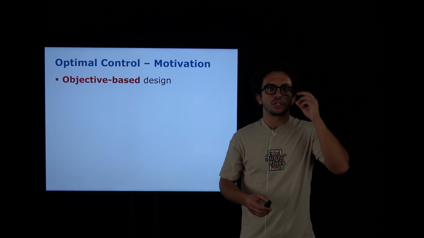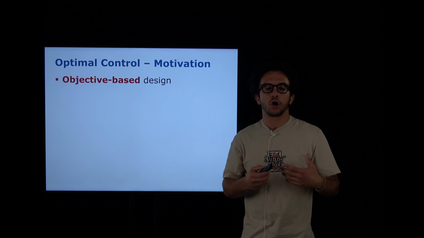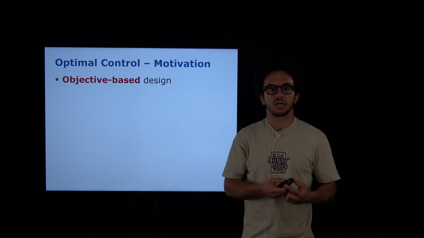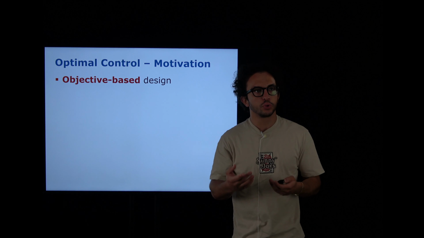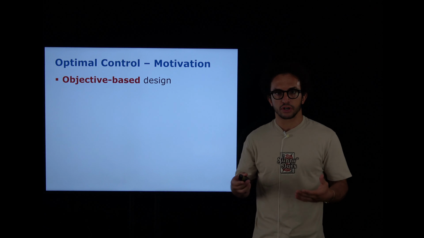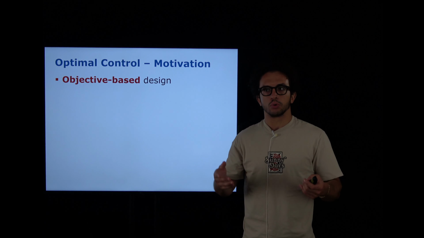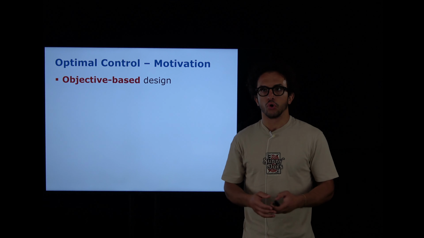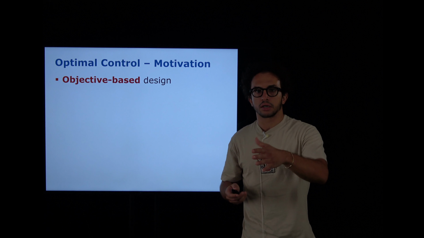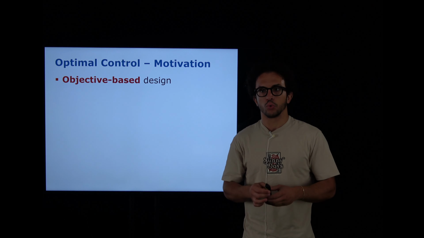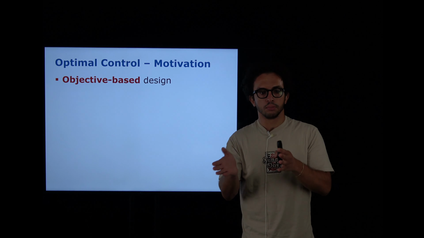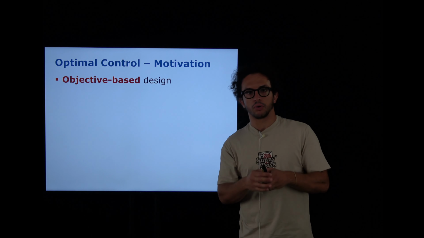Well, the main motivation is that we want an objective-based design. So basically what we did so far, until the fifth lecture, was that we have a generic goal. We want to reach zero error, or we want to park the car somewhere, or we want the bicycle to be stable and not fall down.